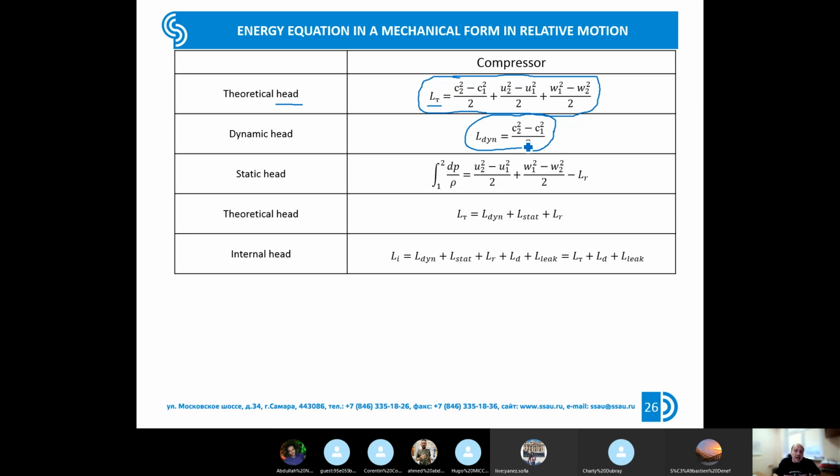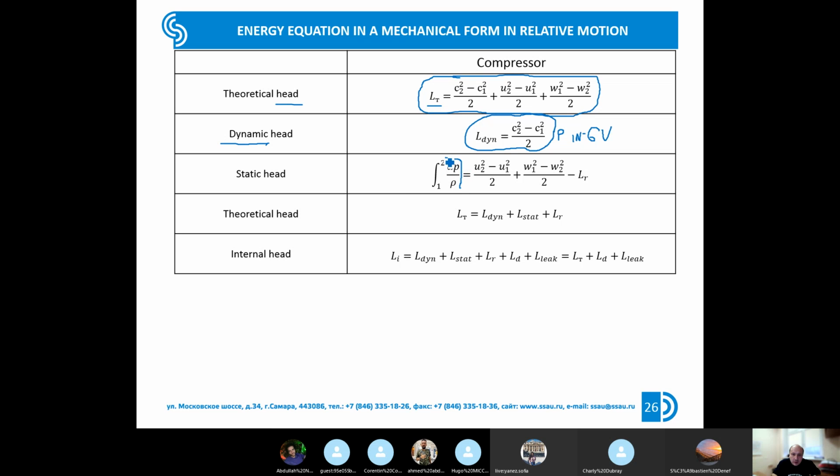This specific work is called dynamic head. Dynamic head is the change of kinetic energy in absolute motion. Usually, this specific work is converted to pressure in the guide vane, in the non-moving blade row.